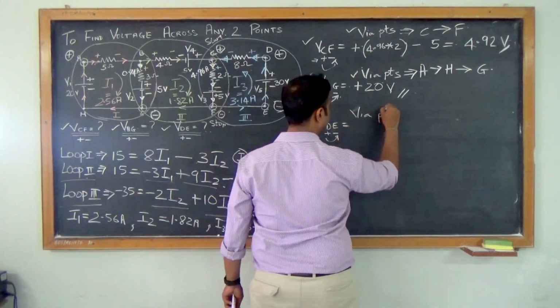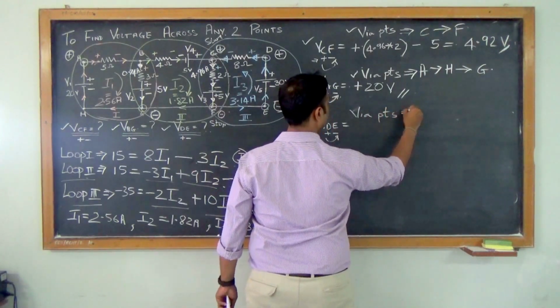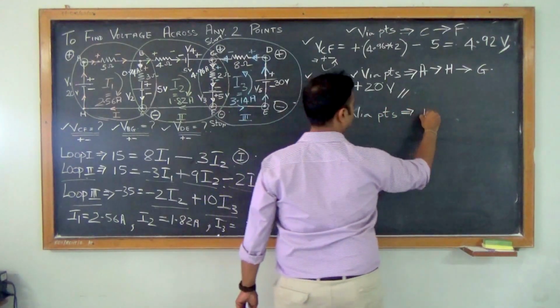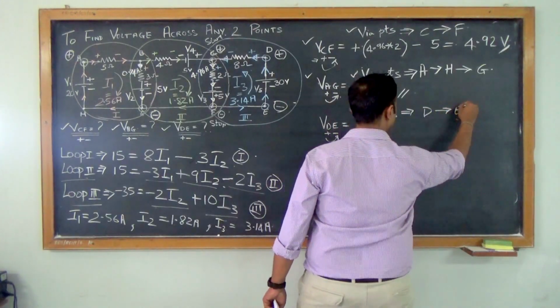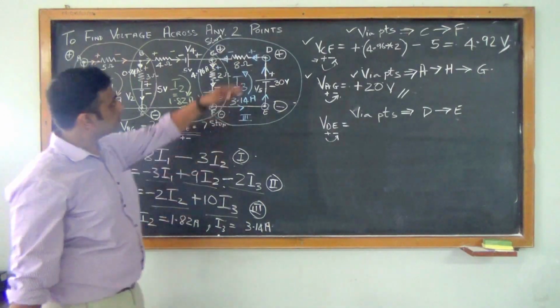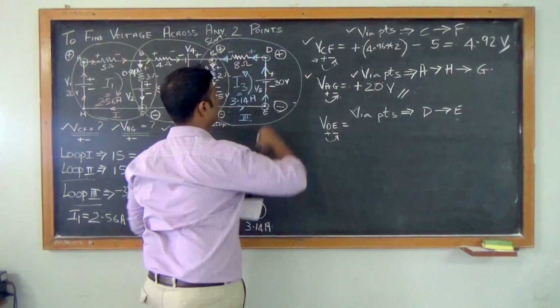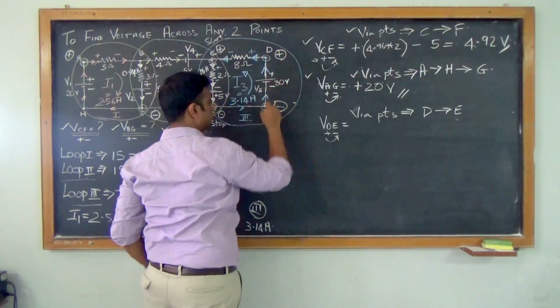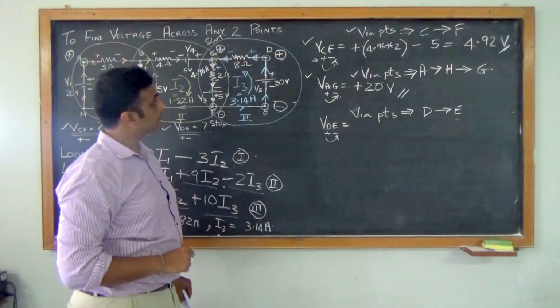So first we will start with the shortest route. So wire points D to E. Now the first terminal, as I told you, is the positive and the second is the negative.